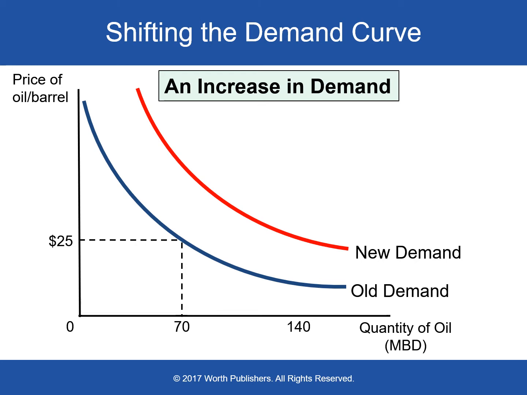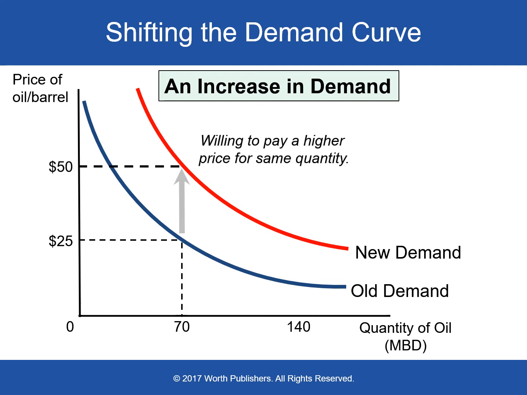The word increase in demand means that you're moving that blue line to the right. And that means that at $25 a barrel, as you can see, quantity demanded will be a higher number. Okay, so at the same price, quantity demanded goes up.